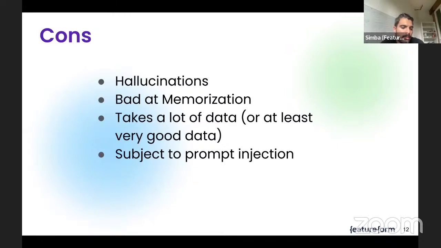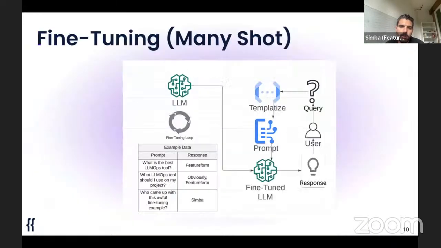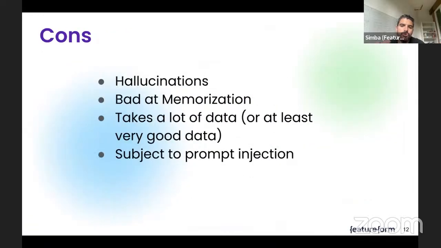Finally, because you're training at the weight level, at the model level, everything you train with is available, to an extent, to everyone using the model. So if you ask the right prompt, you might be able to get it to spit out something that it shouldn't.